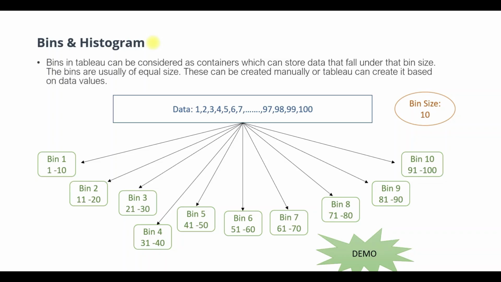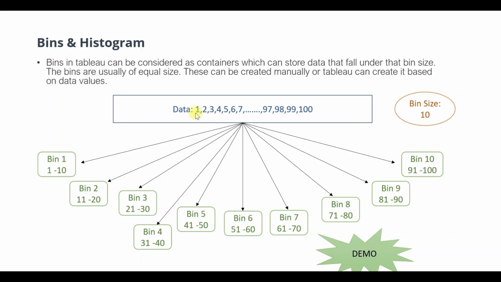These can be created manually, or usually Tableau, being a smart tool, creates them automatically depending upon the minimum and the maximum value of the measure on which the bins are being created. So let's see an example. Suppose we have a data set that contains data starting from 1 and ending at 100.